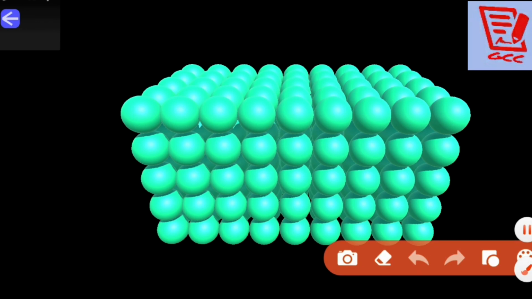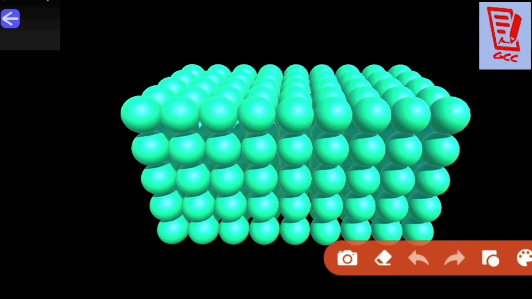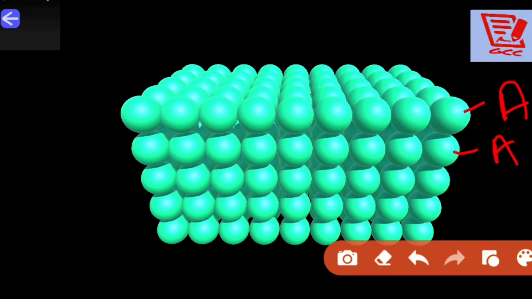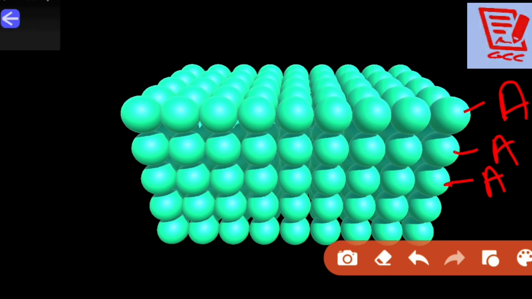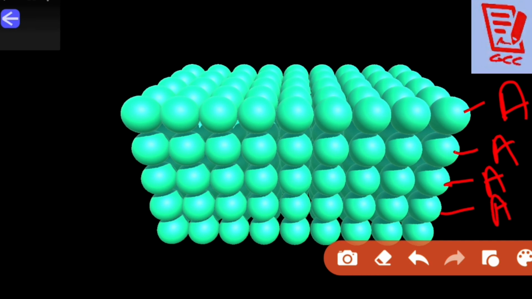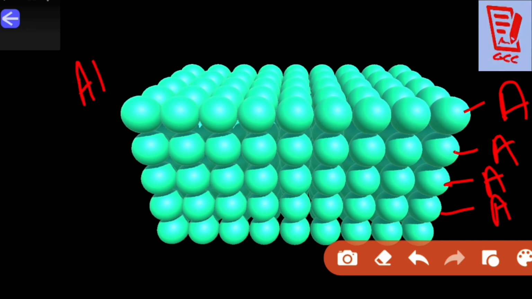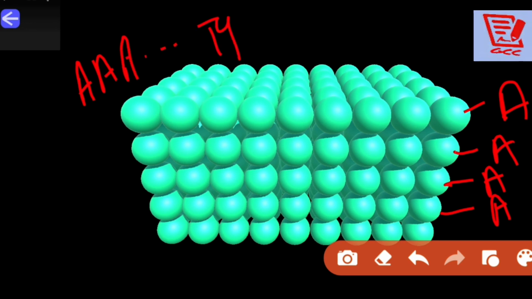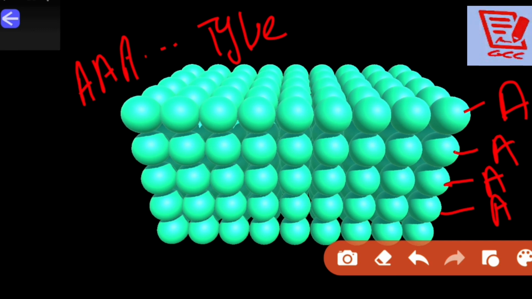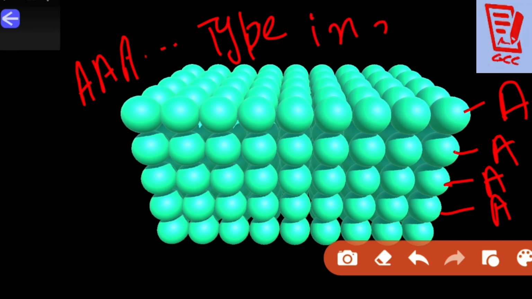Okay, then what to do there in this case? Just see, let this be A, this is A, this is A, everywhere A is here. We'll say A type arrangement in 3D.